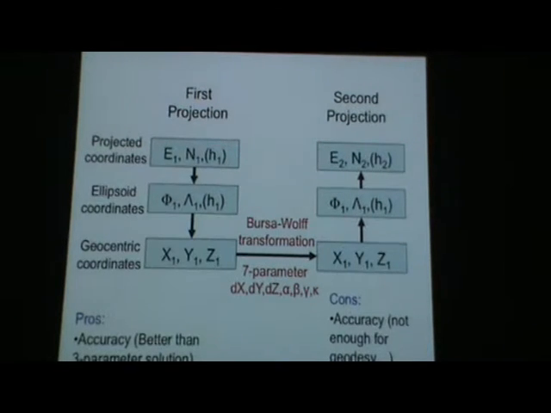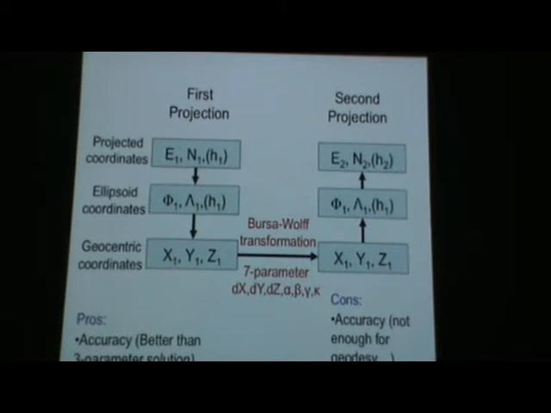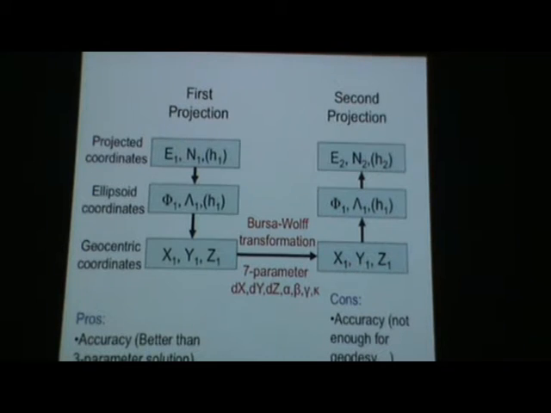Okay, the third method is the transformation between the so-called geocentric coordinates. We place a coordinate system in the mass center of the Earth, and we transform these ellipsoid coordinates, phi is latitude and lambda is longitude, to these X, Y, Z orthogonal Cartesian coordinates, and we use a so-called Bursa-Wolf transformation.